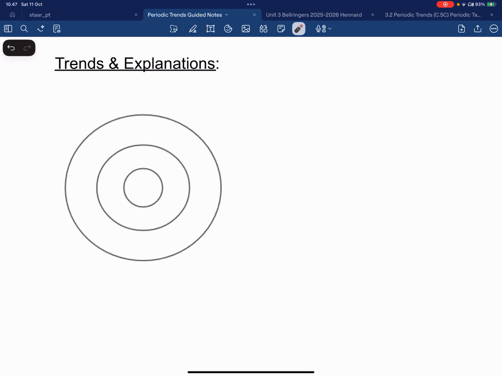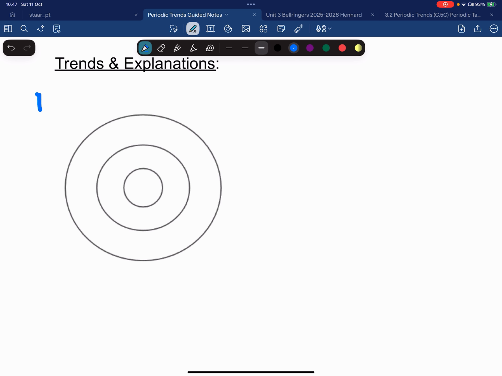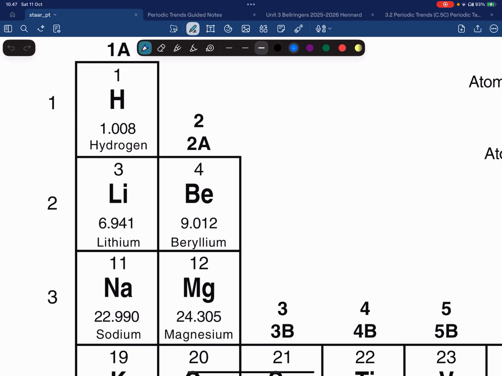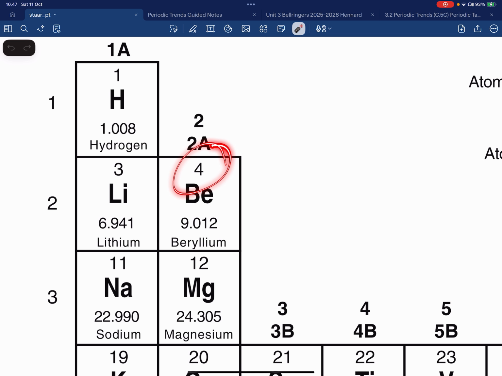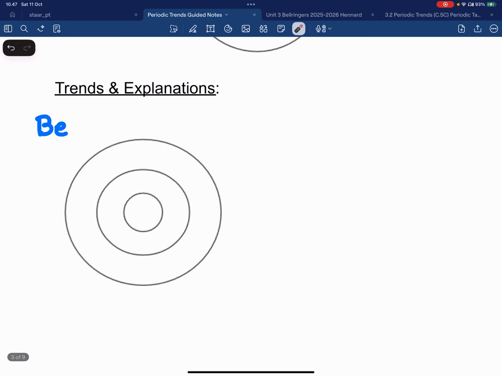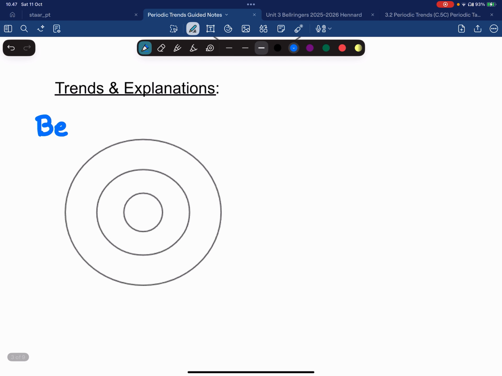So let's use for our examples beryllium and magnesium. And in the periodic table, here's beryllium with 4 electrons, here's magnesium with 12. Now the same rules apply as before.